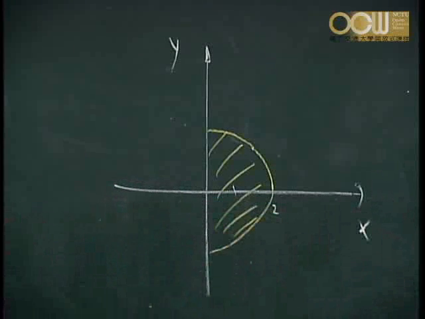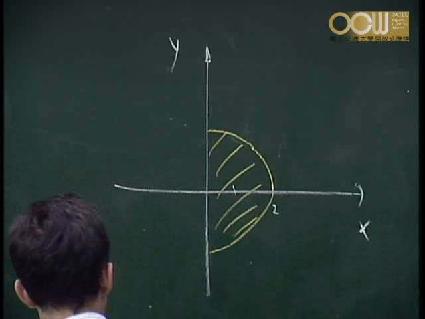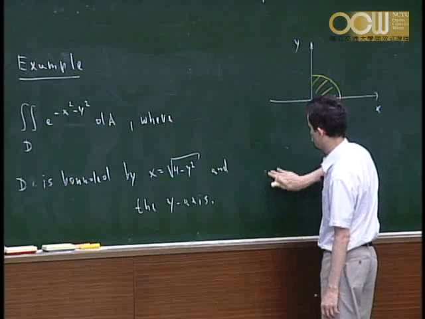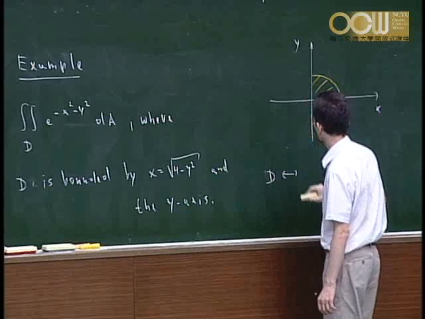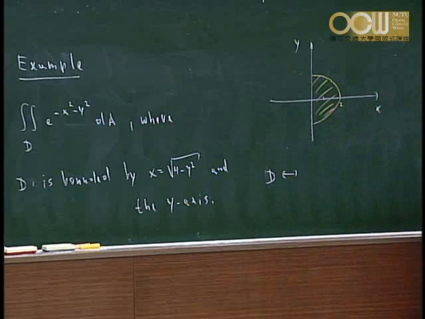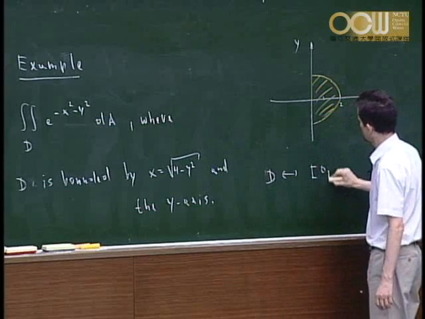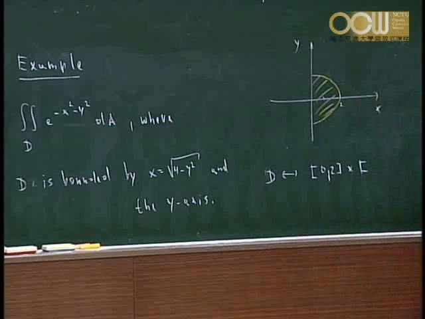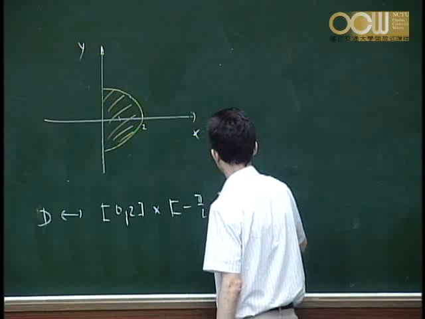So if we change to polar coordinates, the D will become the interval where r goes from 0 to 2, and theta goes from minus pi half to pi half.